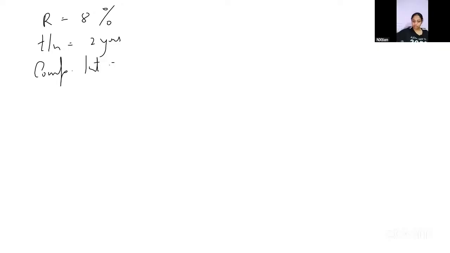For example, in this question, I have rate 8%, T or N 2 years, compound interest rupees 832, and conversion period, or compounding, conversion period is yearly.